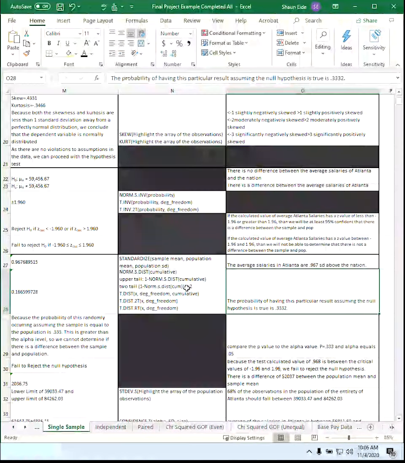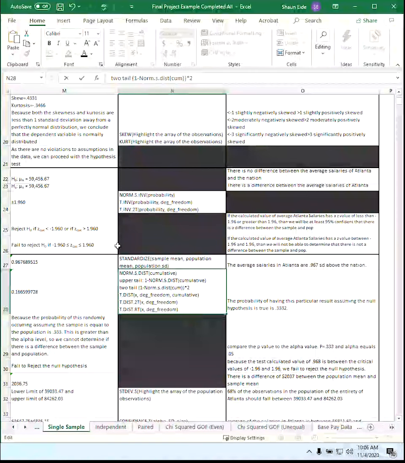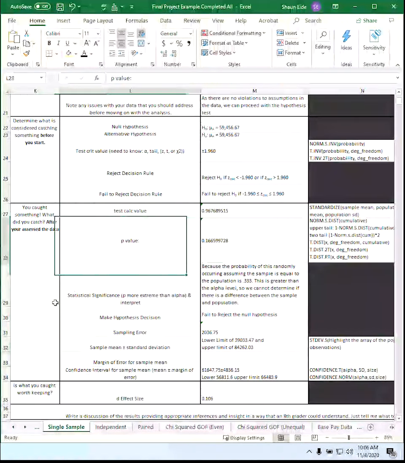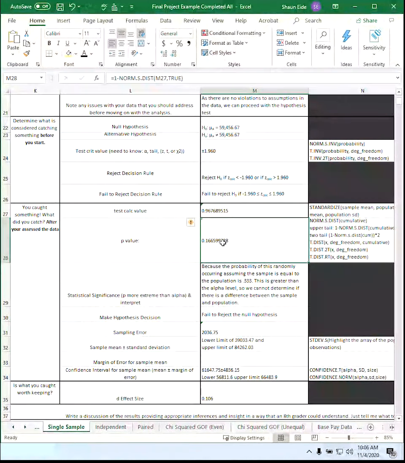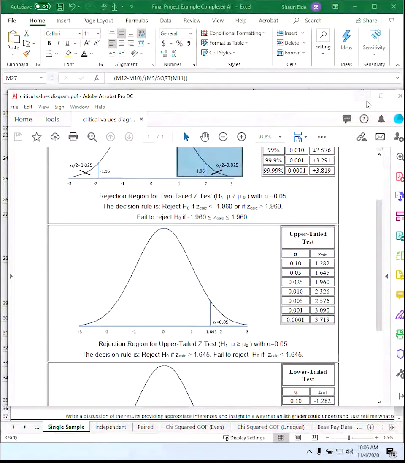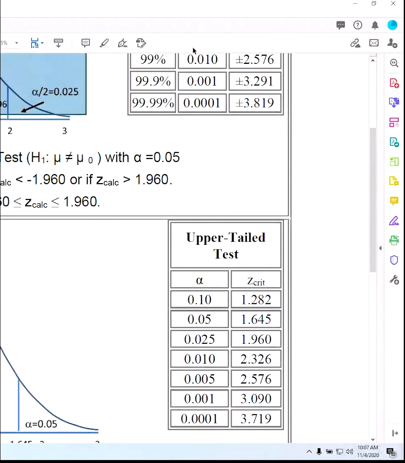Okay, and the reason why is, a p-value is the probability of you getting the value of this test calc value or more extreme. So what's the probability of you getting that test calc value or more extreme?